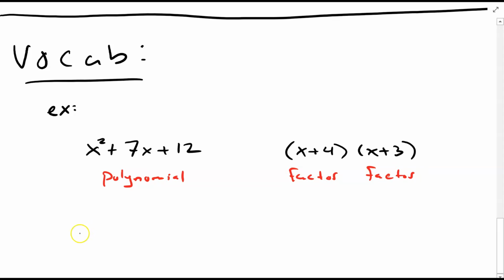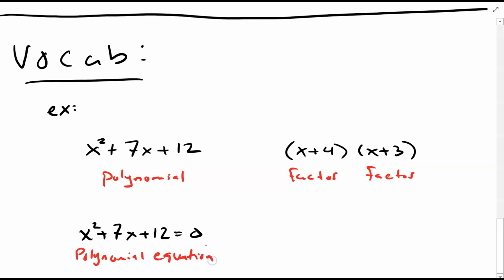Okay. What if instead we had x squared plus 7x plus 12 equals 0? This is now a polynomial equation because there's an equal sign involved. So if I solved this polynomial equation, what would the answers be?